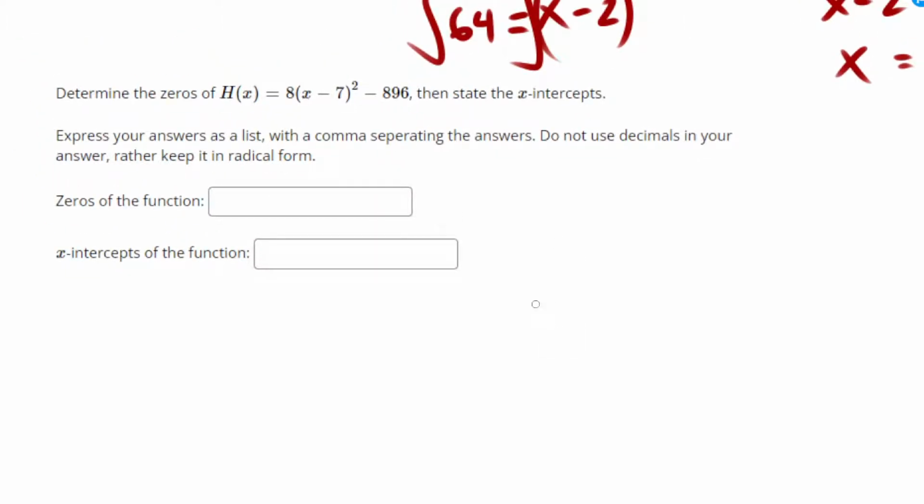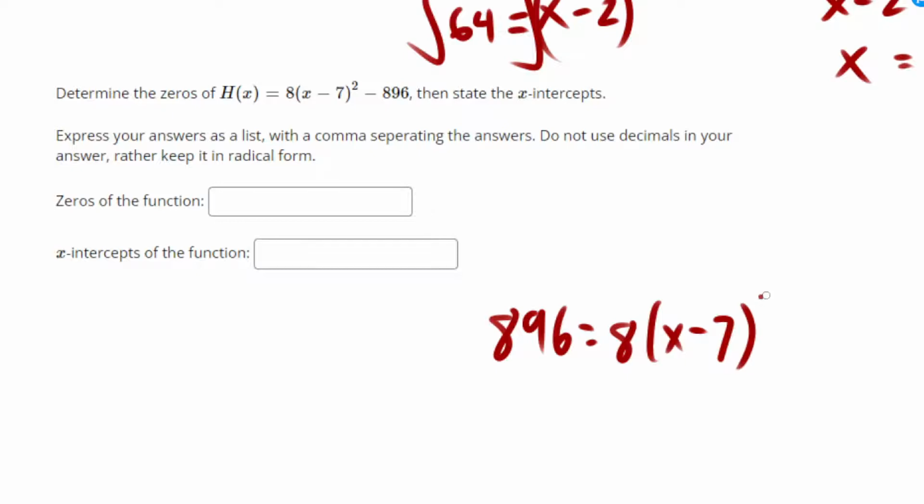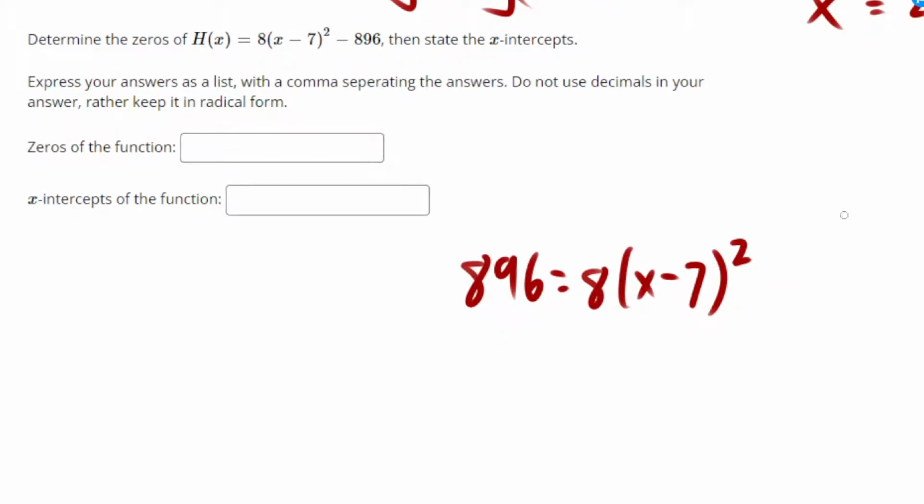This one, we're going to add 896 to both sides after setting the equation to 0. So 896 is equal to 8 times x minus 7 squared, and then we got rid of that negative 896.